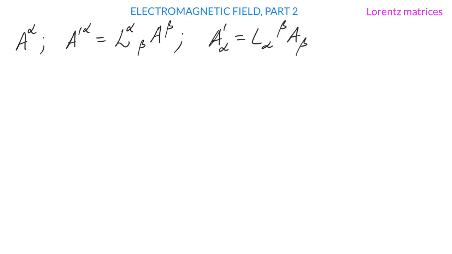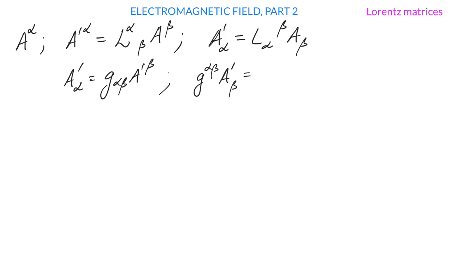Why is that? Well, this is because A alpha with the lower index is different from the one with the upper index. So they're connected by the metric tensor. We can easily figure out how the two different L matrices are connected. So to do that, let's write A prime alpha as G alpha beta A lowercase beta.